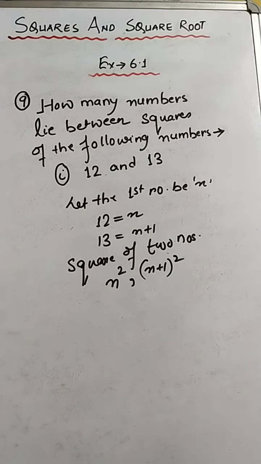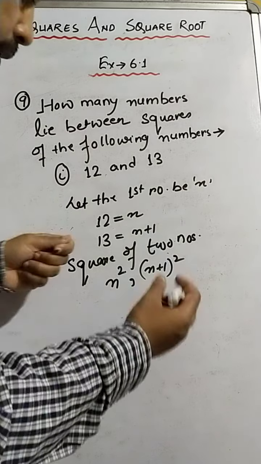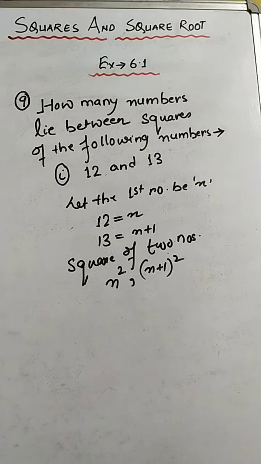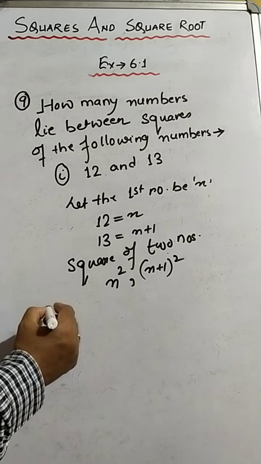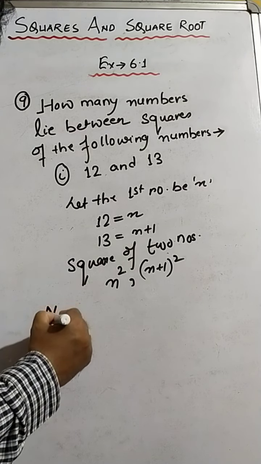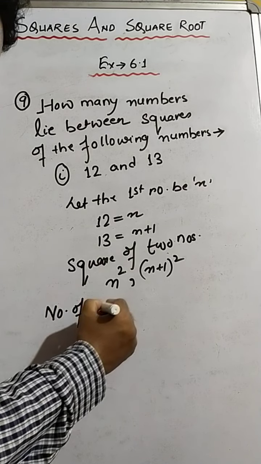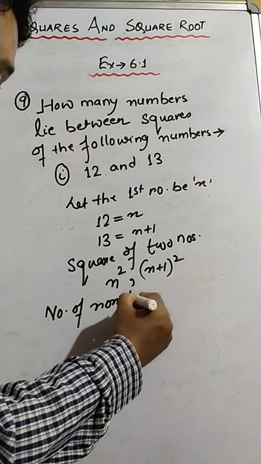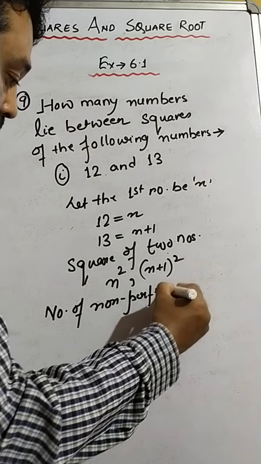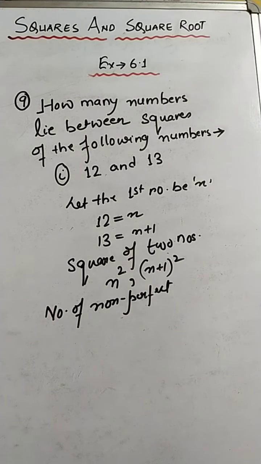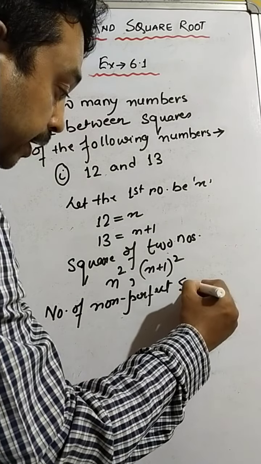So, it is said that the number of non-perfect squares between n square and n plus 1 square is equal to 2n. So it is a formula, students. You have to just remember it. Non-perfect, this is a very important word, non-perfect square numbers.